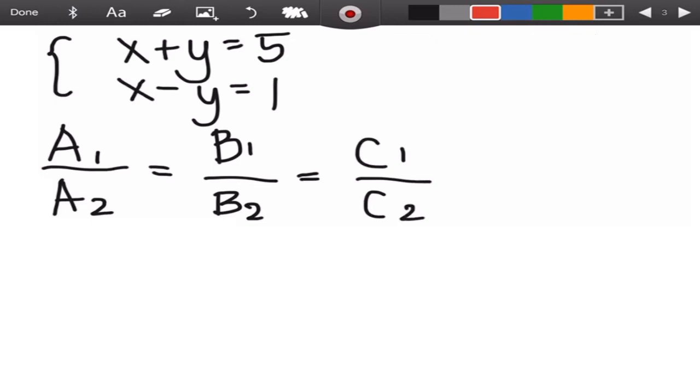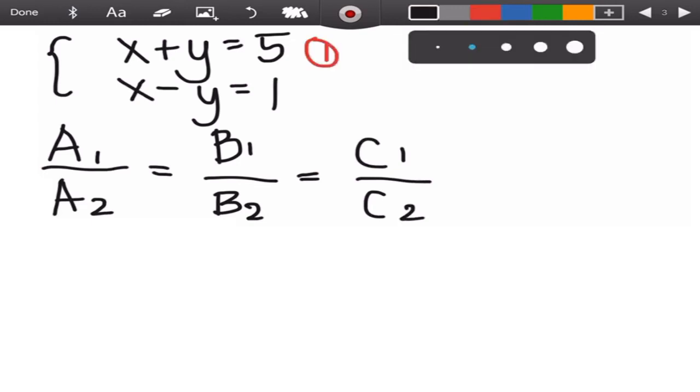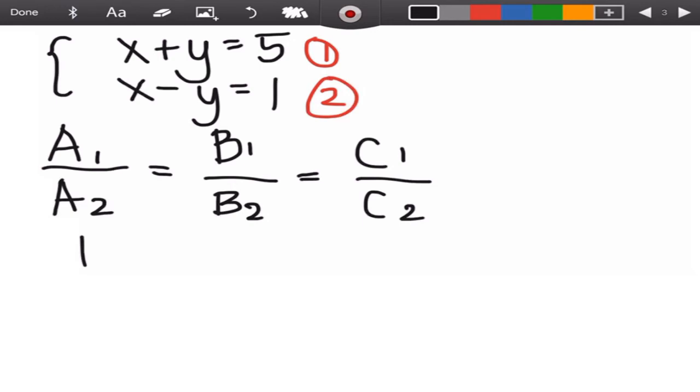In the first equation, the numerical coefficient of x is 1, and for the second equation, it is also 1. For b, we need the numerical coefficient of y, so b sub 1 is 1 over b sub 2 is negative 1. For the constants, equation 1 has 5 and equation 2 has 1.